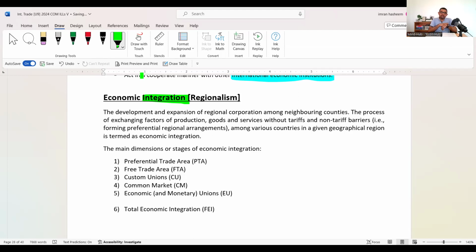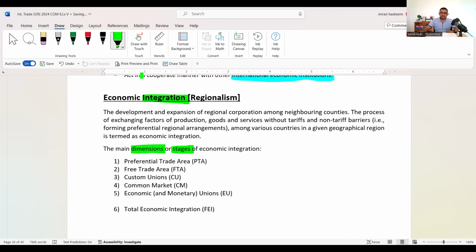The broader objective of integration is, among two or a few countries, create an agreement, create an understanding where they don't allow barriers, tax or non-tax barriers among them, where free trade can happen among them and where all countries benefit from that. So there are so many levels or stages, if not dimensions, of such integration, right? So we call them dimensions or stages of economic integration.